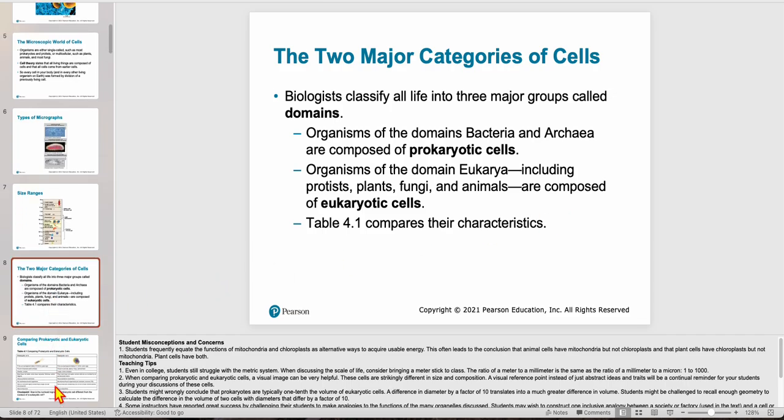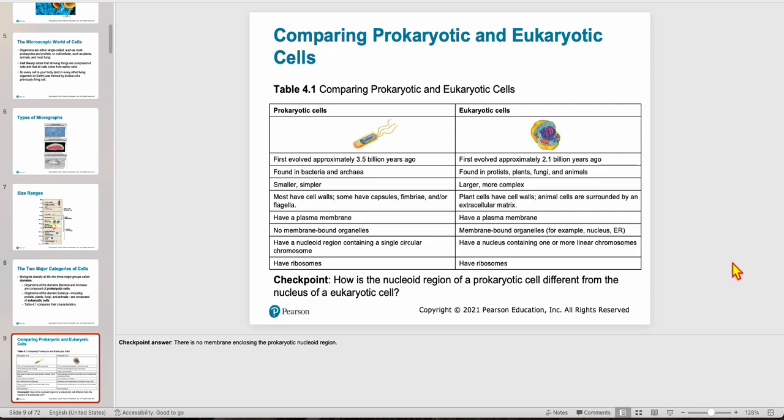Now the next slide is important because it has characteristics. I'm going to go over the key ones. So for example, prokaryotes are simply smaller. They are the bacteria and the archaebacteria. They have a plasma membrane, but they do not have membrane-bound organelles.